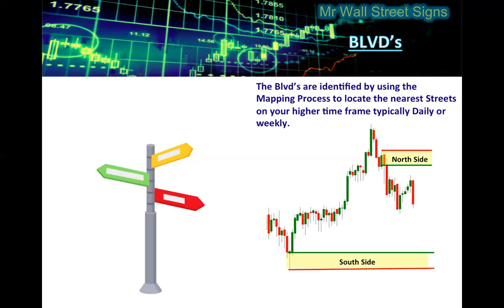Once we go through our qualification process and have mapped it, we can then identify where north side and south side is, okay, on the map. We got that? Everybody got that? That's north side, that's south side. Give me a 1 if you follow me. So in price action, when we say, hey, it's sitting up on north side or it's sitting on south side, you know exactly what we're talking about, okay?